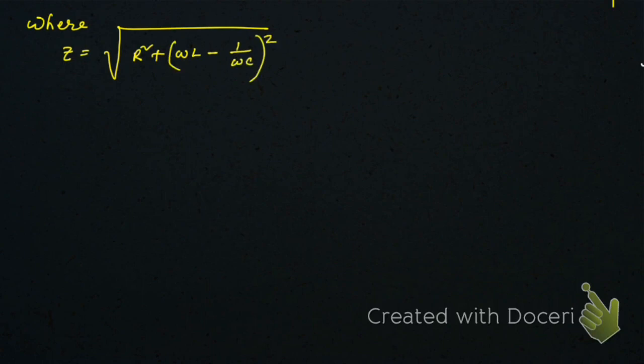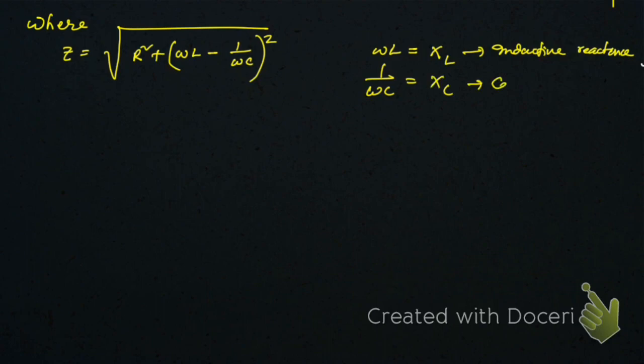Here omega L is the inductive reactance, that is XL, and 1 by omega C is the capacitive reactance, that is XC. I hope you know these things.